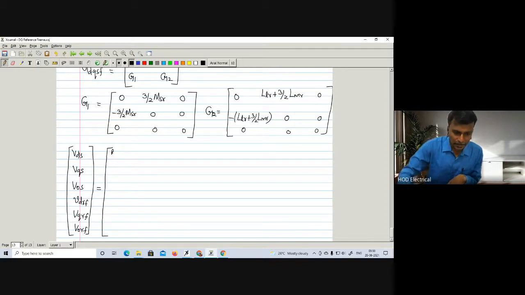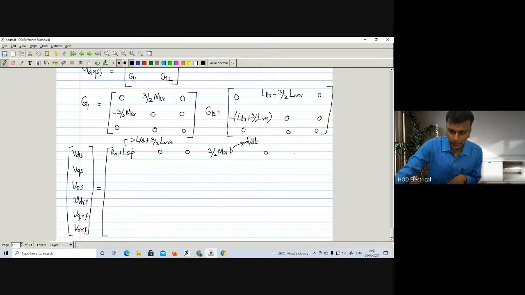We have here RS plus LS into P, where LS we know is LLS plus 3 by 2 LMS, right? LS into P, 0, 0, then 3 by 2 MSR into P, where P is nothing but d by dt.